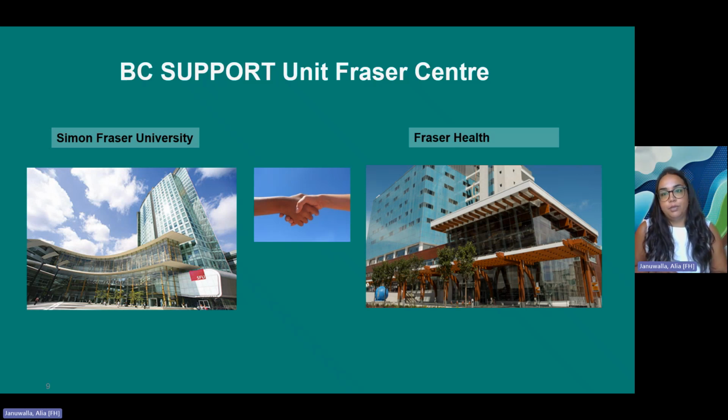That means that we're a partnership between Fraser Health and Simon Fraser University, but we also work with other academic institutes in the area. What this means is that there's an institutionalization of POR at both of these institutes. It means a dedicated allocation of resources to POR, leadership support for POR, and most importantly, fostering important networks between academia and decision makers.